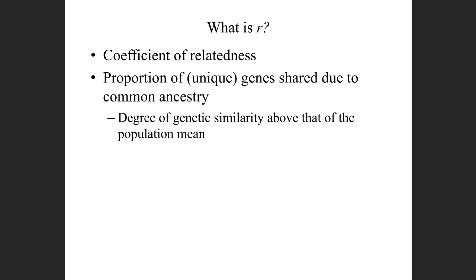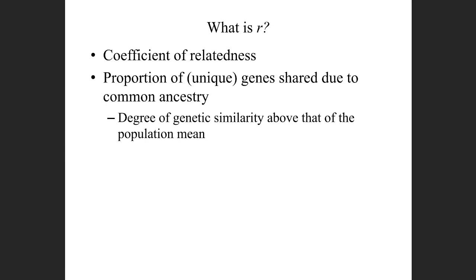R is the coefficient of relatedness, and it's the proportion of unique genes that you share due to common ancestry. The other way to think about it is the degree of genetic similarity above that of the population mean, right?